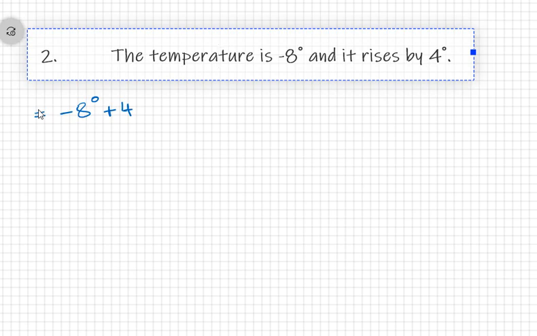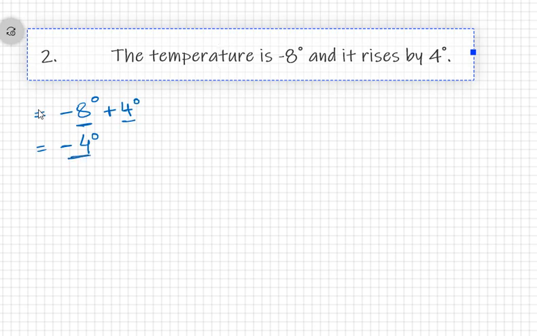So -8 degree plus 4 degree. So what is the answer? Which is the greater number, 4 or 8? 8 is greater, so we will put the sign of the 8. So this is minus. And what is the difference between both numbers? This is 4. So -4 degree is the new temperature.